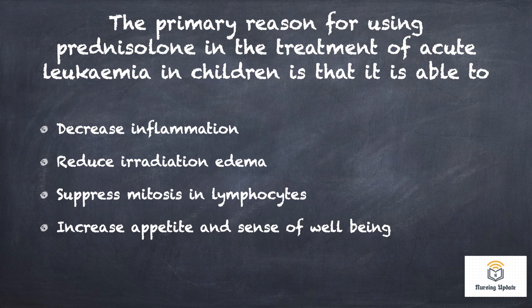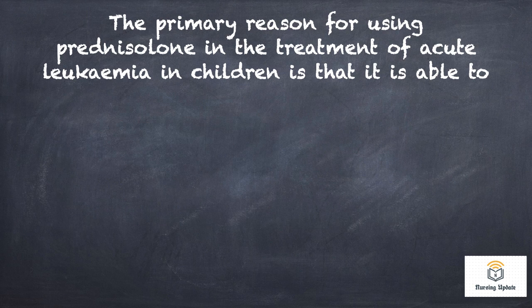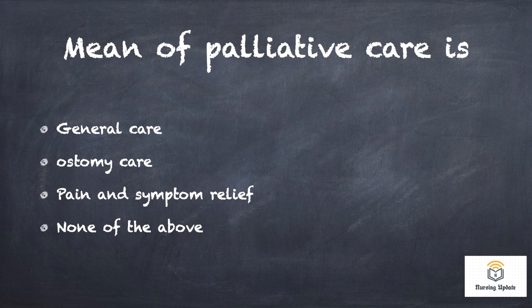Option D, increase appetite and sense of well-being. The answer is decreases inflammation. Prednisolone is one of the corticosteroids used to decrease inflammation, and in cancer they give it to decrease the autoimmune response. Let's move on to the next MCQ.